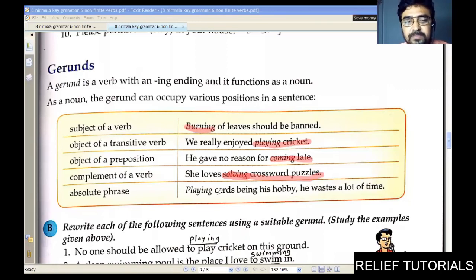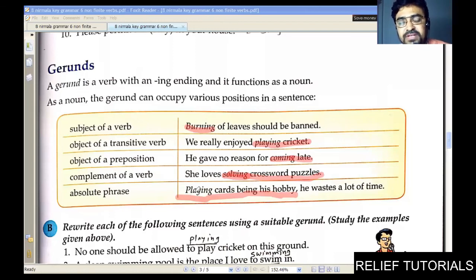Absolute phrase: playing cards being his hobby. So here we have a verb, but still this whole part of the sentence does not give you the complete sense. Even the subject, he, is there, but the verb is not in the state where it defines the right time and situation. So it is a non-finite verb.